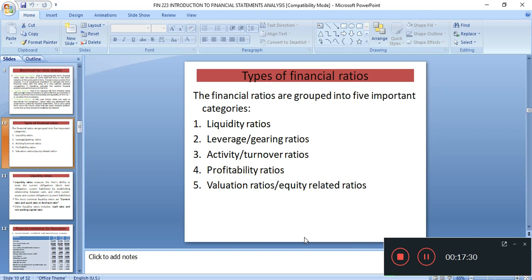For gearing, we look at how we depend on borrowing. For liquidity, we look at how we can fulfill short-term obligations. For profitability ratios, we look at margin ratios, sales margin ratios. Last is valuation ratios, where we look at the equity-related ratios.